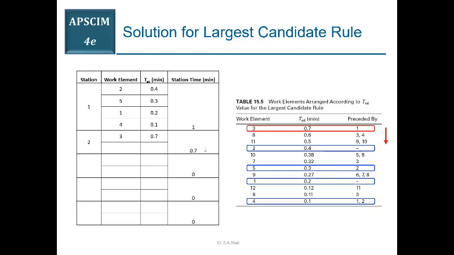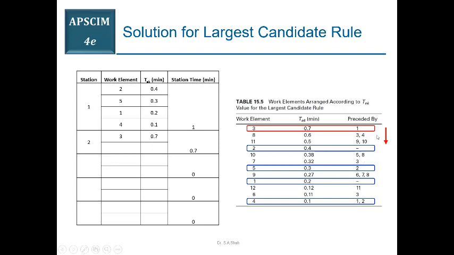So now you can again look for another element whose operation time is 0.3 or less than 0.3, and if it also fulfills the predecessor, the precedence constraint criteria, then you can assign that element to this workstation also.